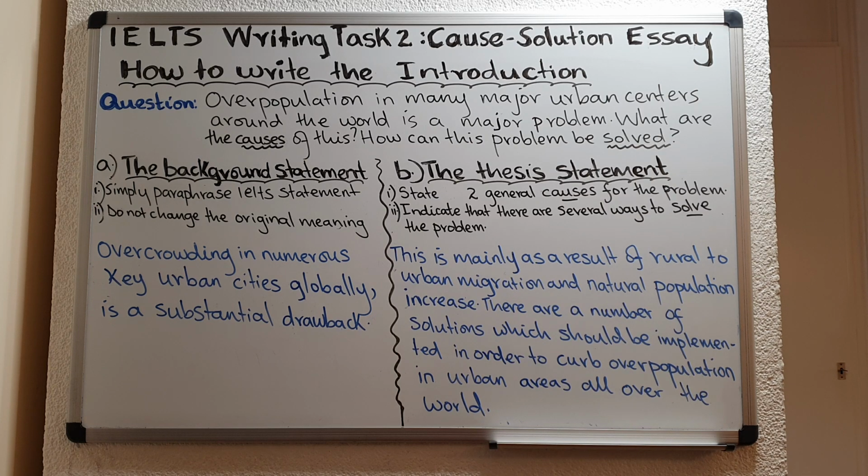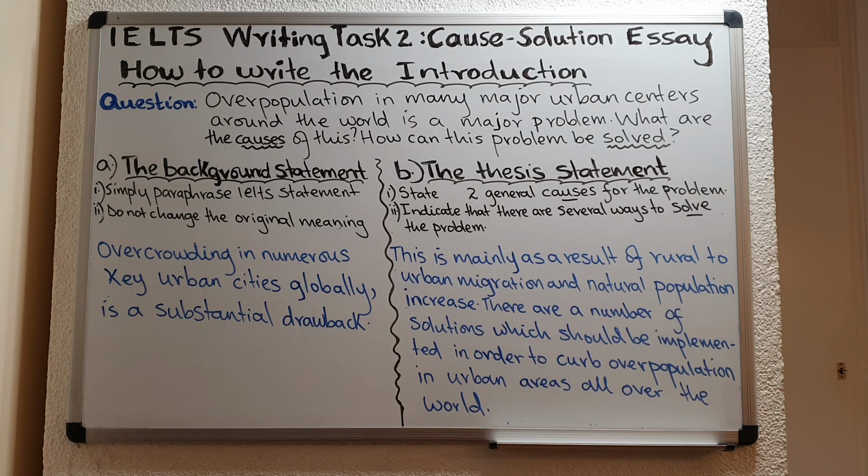How can this problem be solved? The problem is overpopulation in many major urban centers all over the world. So you repeat that there are a number of solutions which should be implemented in order to curb, okay? To curb means to deal with, to solve the problem of overpopulation in urban areas all over the world.